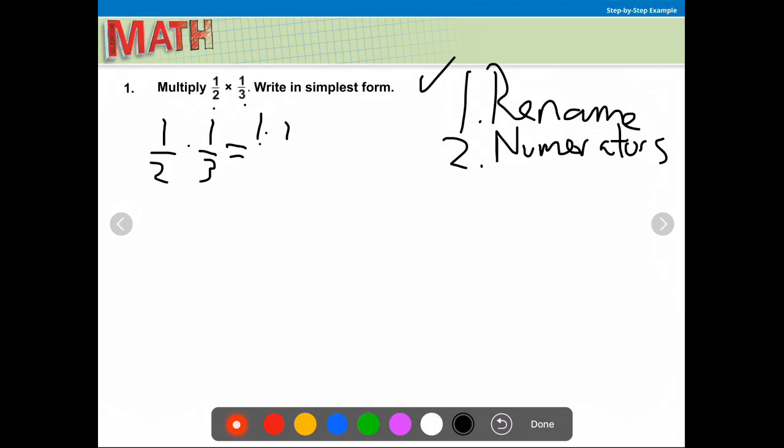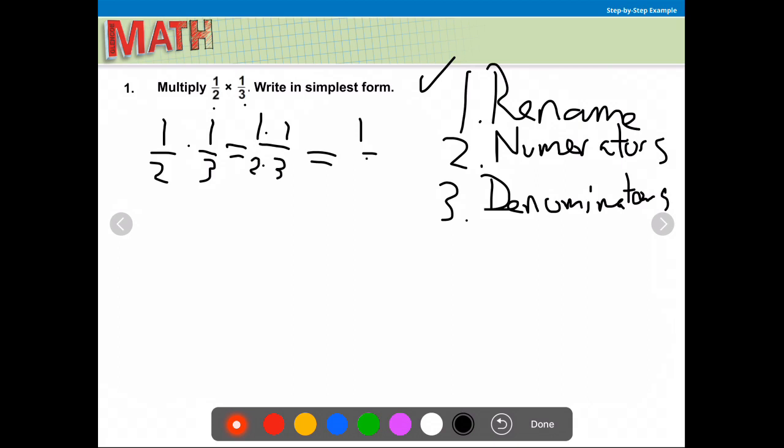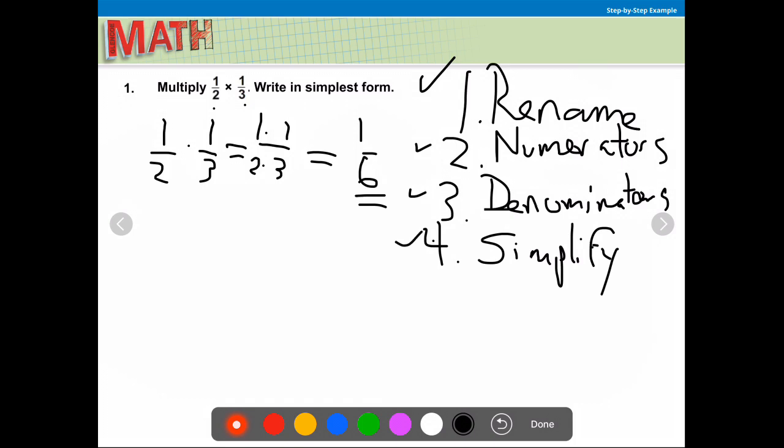That's 1 times 1, and that is equal to 1. And then our step 3, we're going to multiply the denominators, and that is 2 times 3, and 2 times 3 is 6. So here we go. And step 4 is, that's right, simplify. So we need to simplify, but this is okay now, so we're done. And our answer is 1/6.